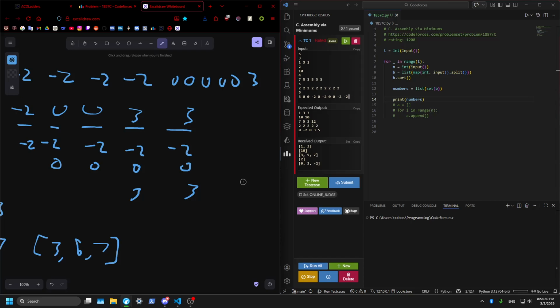Question is, what happens with the middle numbers? So let's say we swapped this 0 with 3. What would happen? 2 would all stay the same. Negative 2, negative 2, negative 2.